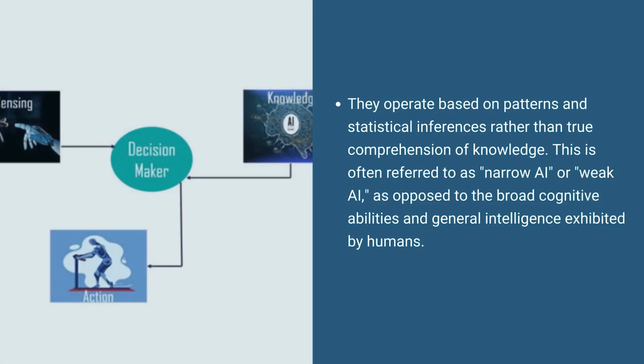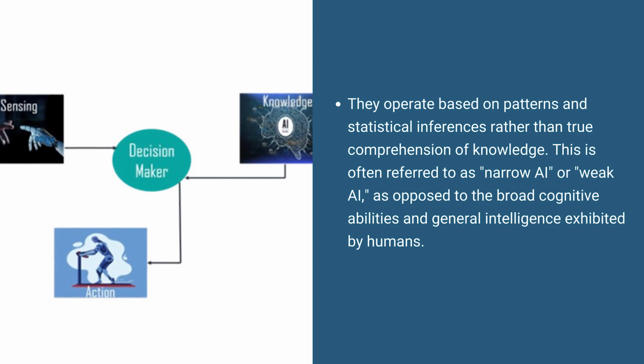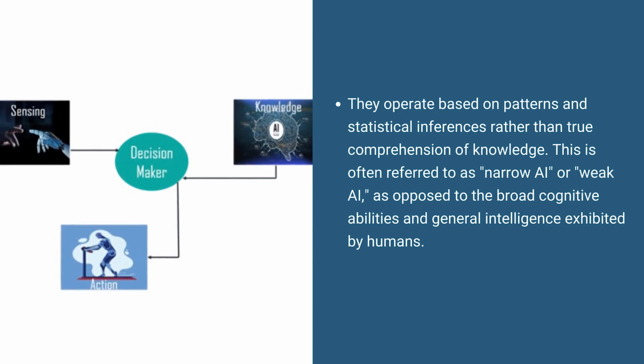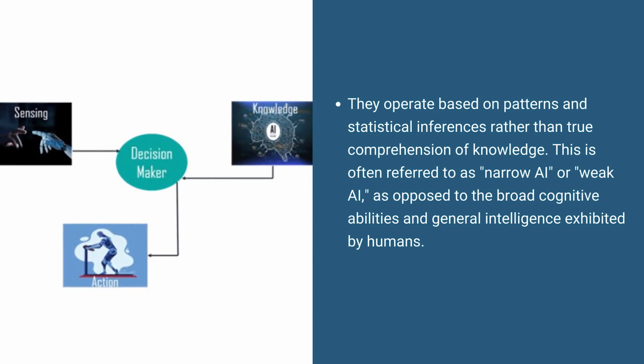It is essential to note that while machines can perform specific tasks with remarkable accuracy and speed, their understanding is fundamentally different from human understanding. They operate based on patterns and statistical inferences rather than true comprehension of knowledge.